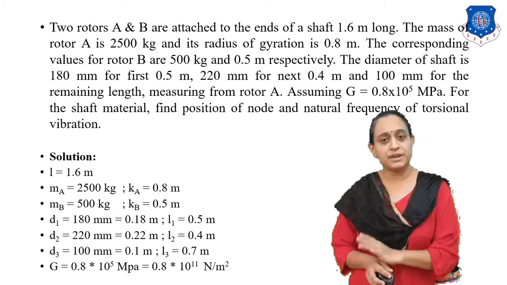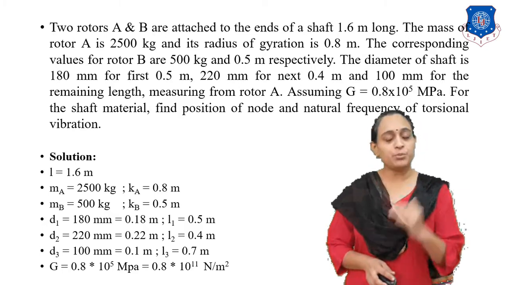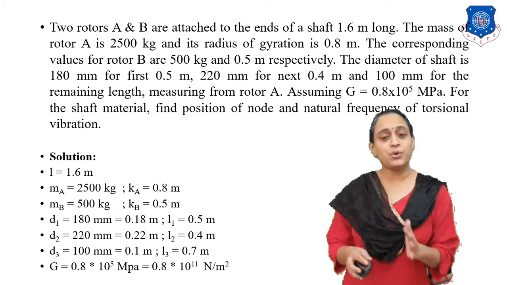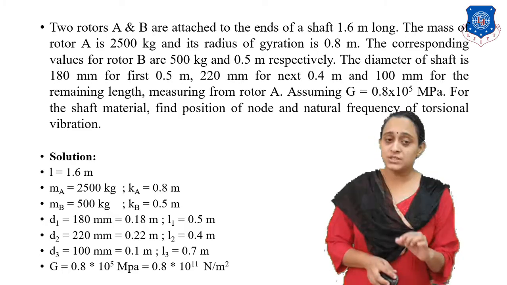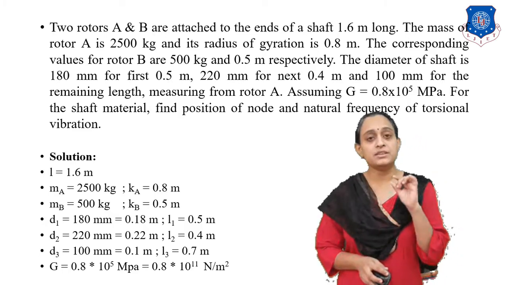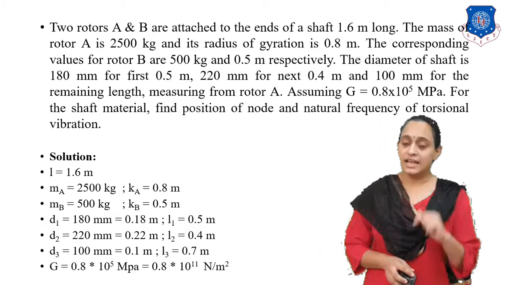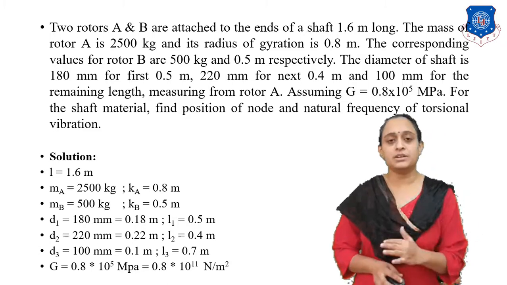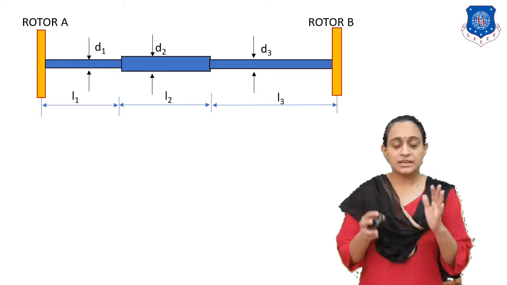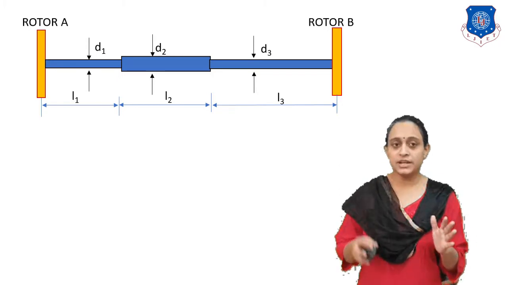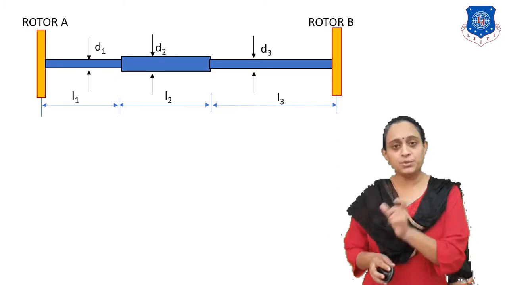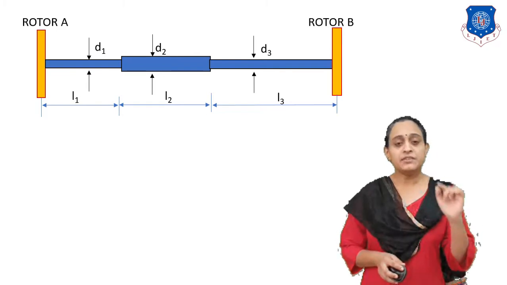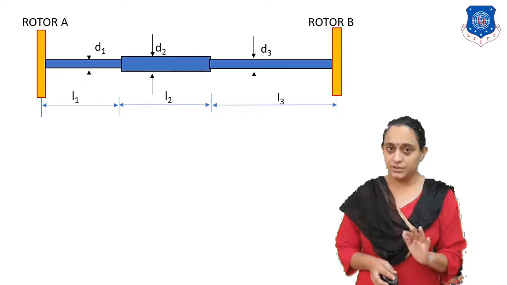Length L1 is 0.5 meter, length L2 is 0.4 meter and L3 is 0.7 meter. Modulus of rigidity is 0.8 into 10 raised to 5 megapascal. Hence we have to write 0.8 into 10 raised to 11 Newton per meter square. Now, this is our system. Rotor A, rotor B, L1, L2, L3 different lengths, D1, D2, D3 different diameters.